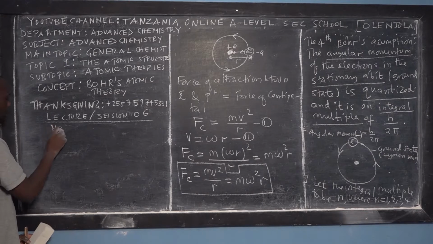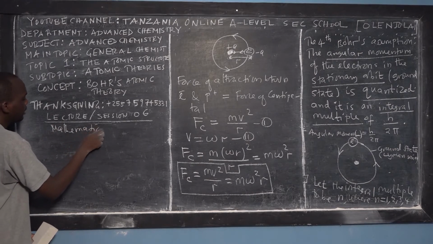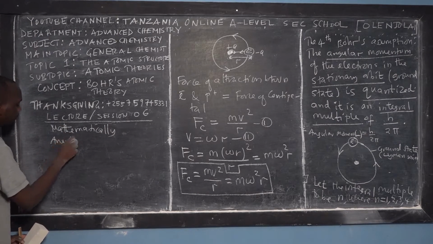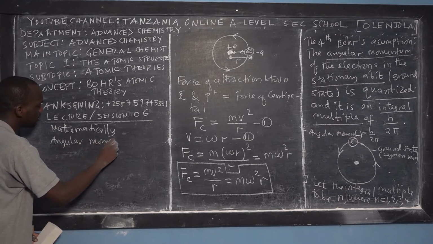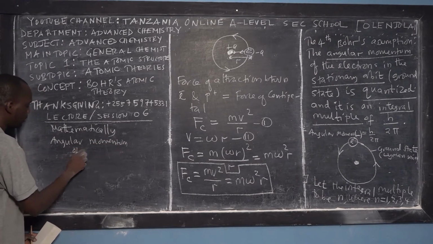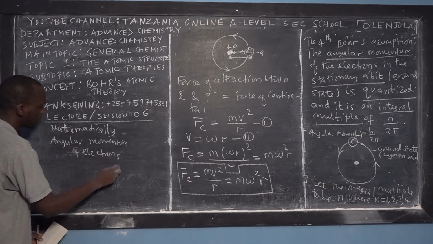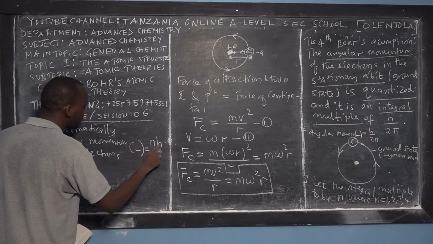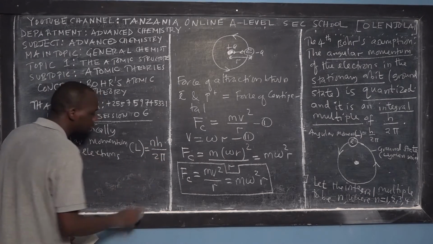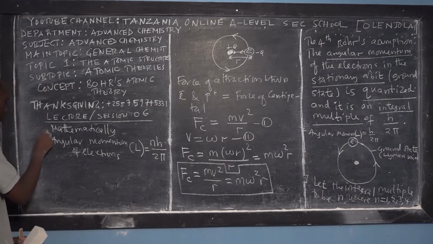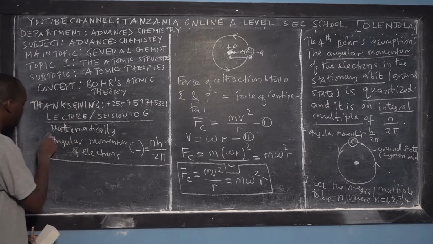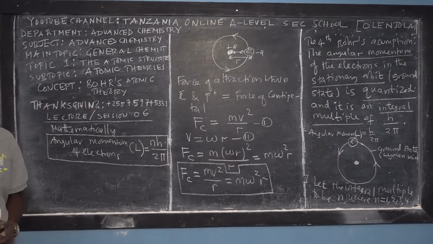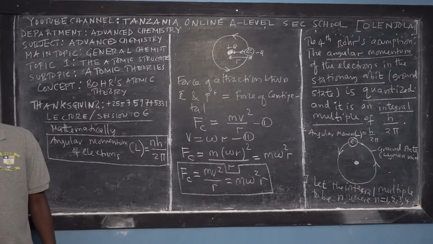Mathematically, we say that the angular momentum of electrons, which is L, is equal to the integral multiple n times Planck's constant over twice pi. Right? So keep this formula for the rest of your life. You will find it in general chemistry, you will find it in modern physics, and it has been asked frequently.